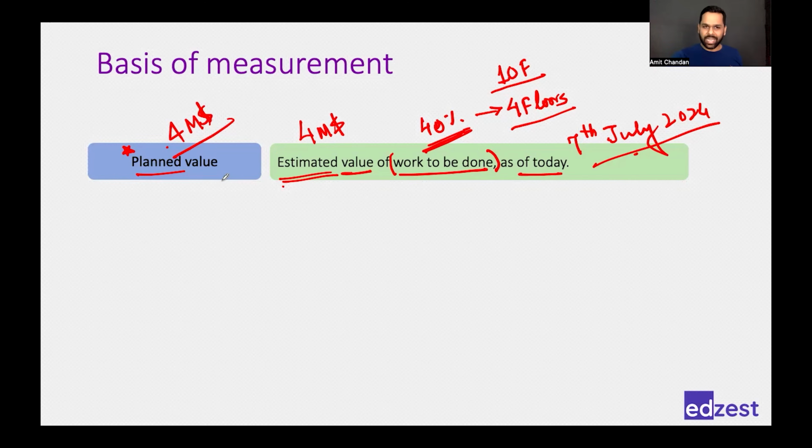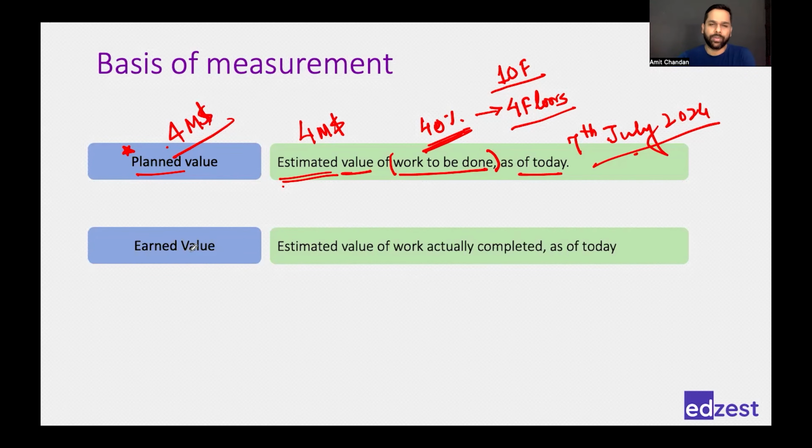Okay. Second value is earned value. Earned value is the estimated value of work actually completed as of today. 40% was my plan. I had planned to complete 4 floors. Okay, but what is it that I have actually done?